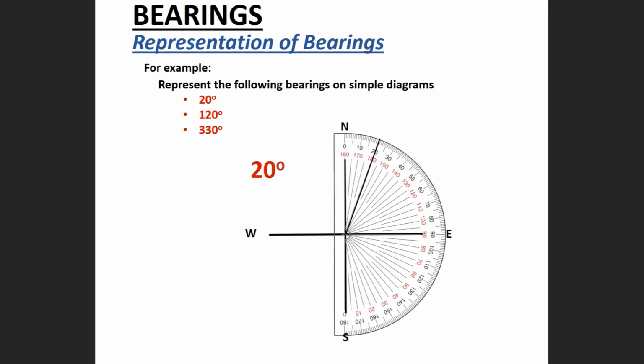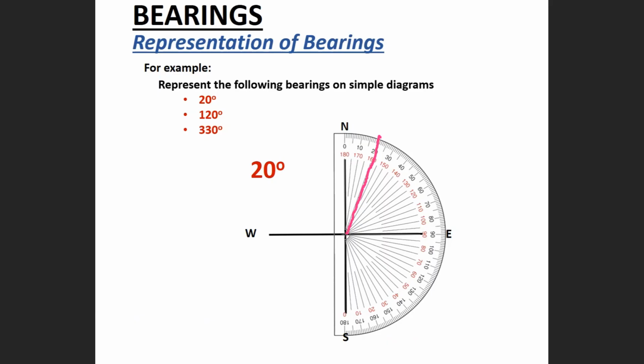You see 20 degrees. After that, not actually drawing the line yet, you make a point at this junction with your pencil. Then you remove the protractor, then you draw a straight line up to this point.